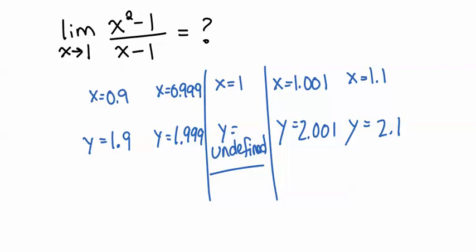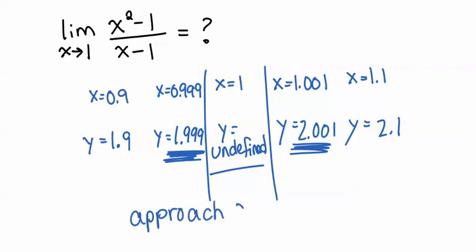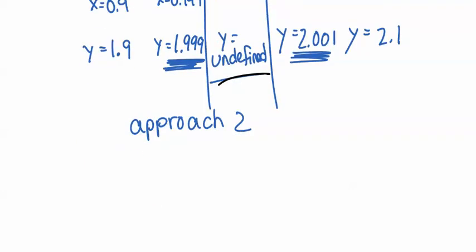So which value does it look like it's approaching? To me, since you got really close to 2 on both sides, it looks like you are approaching 2. So I would say the answer to this question is 2. This was one where we couldn't just sub in the number 1 because it was undefined. So we know that the graph is approaching that.